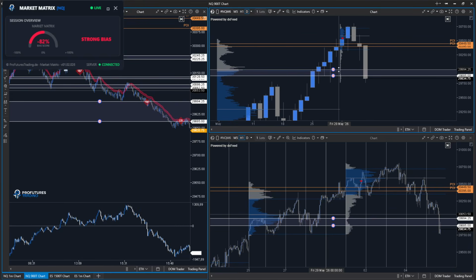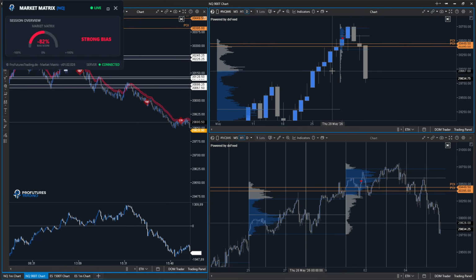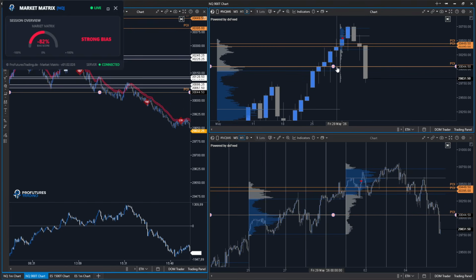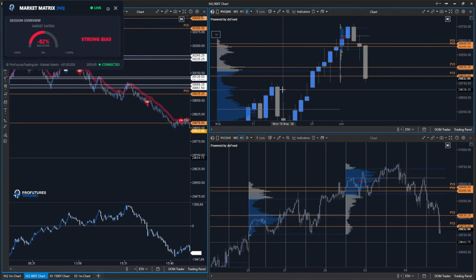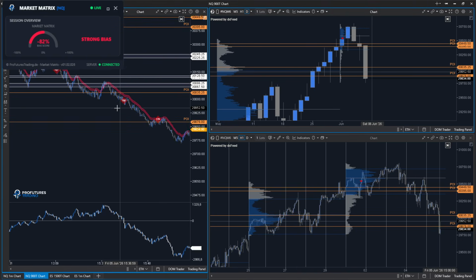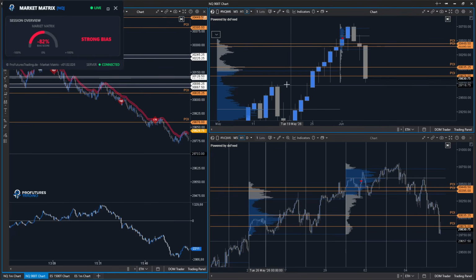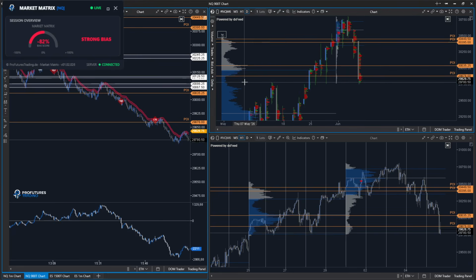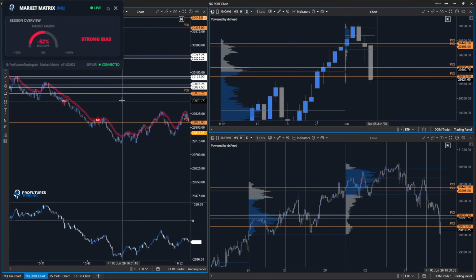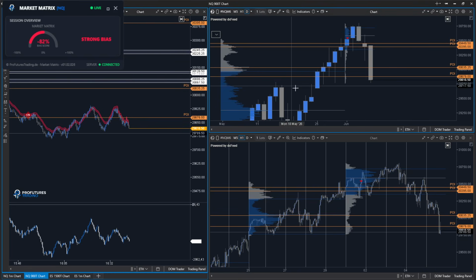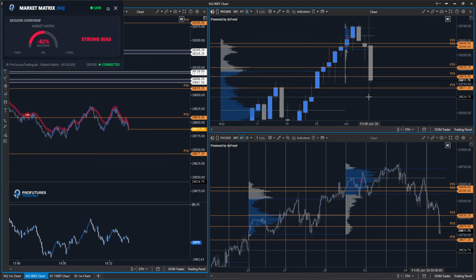Let's make it a little bit sharper. Let me show you. So this is the first point you have to look at, and this is the second point. These are the volume edges, and after that you have low volume, so the market can run basically through these areas because there's no interest in buying or selling.